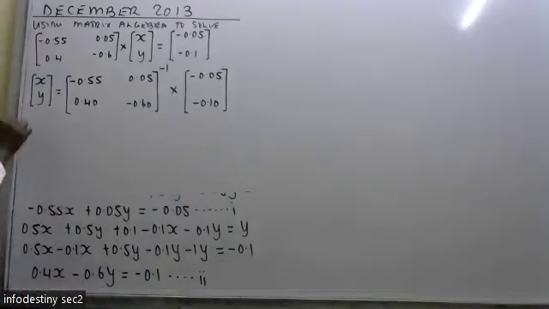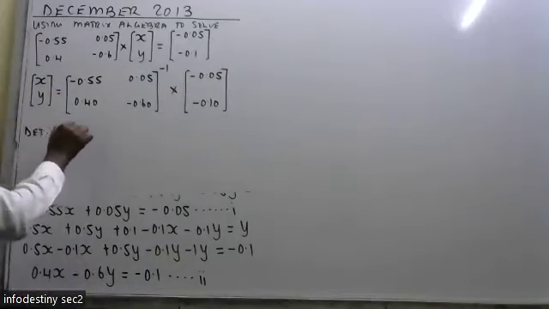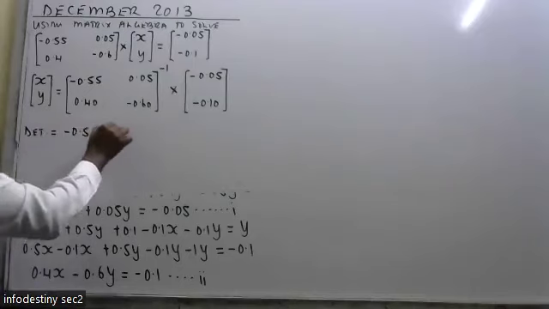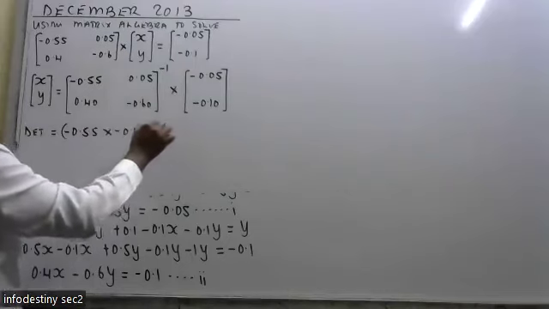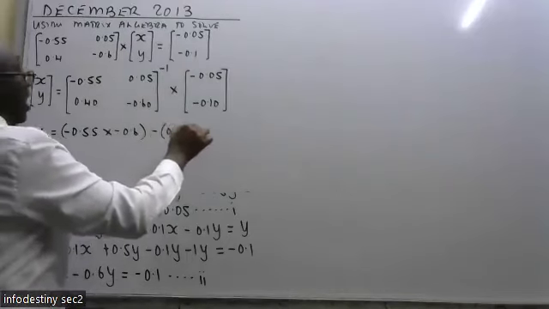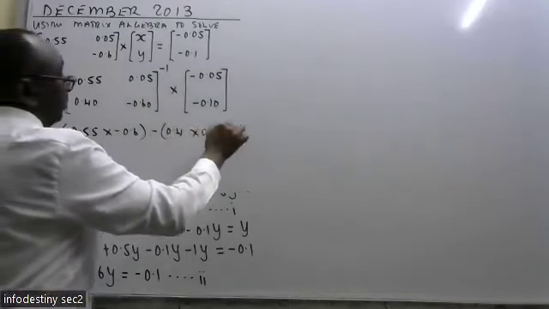And when you get there, the first thing you get is the determinant. The determinant will be minus 0.55 multiplied by minus 0.6, minus 0.4 times 0.05.